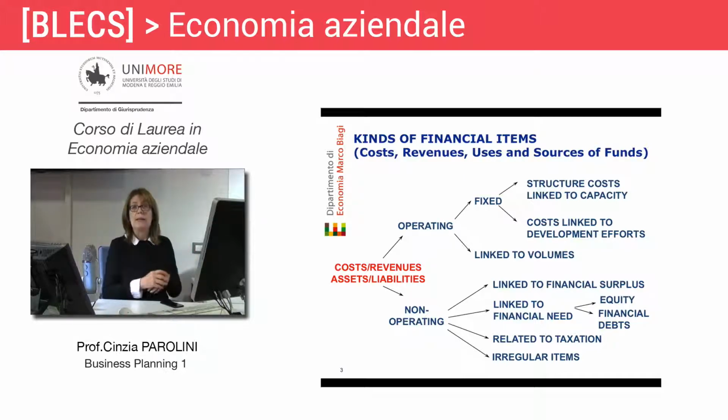In the income statement, examples of fixed items are given by costs that do not vary in relation to revenues. For example, the rent or the cost of employees. Most employees are paid regardless of how much we sell.